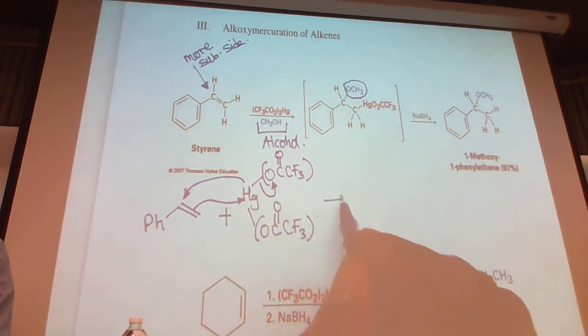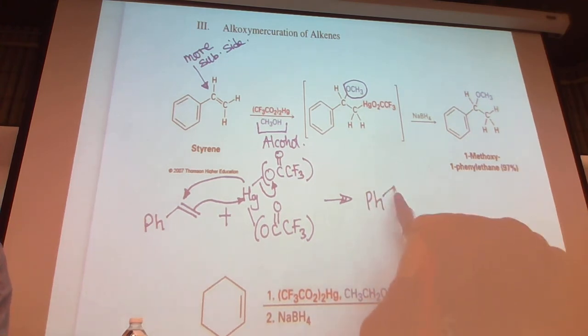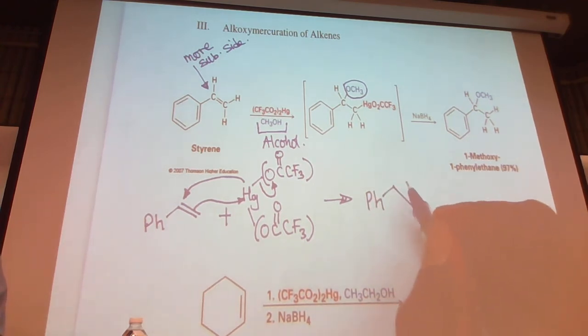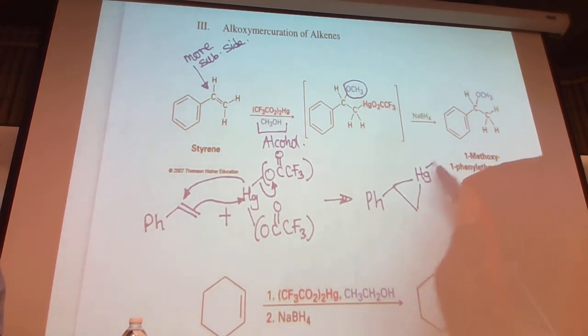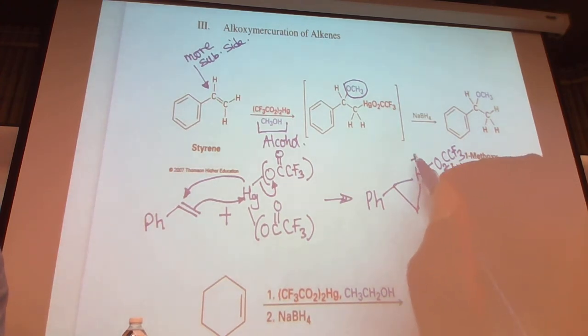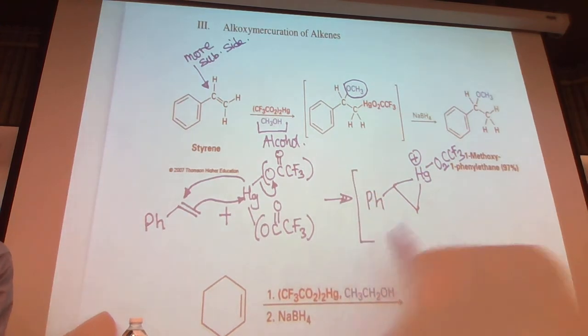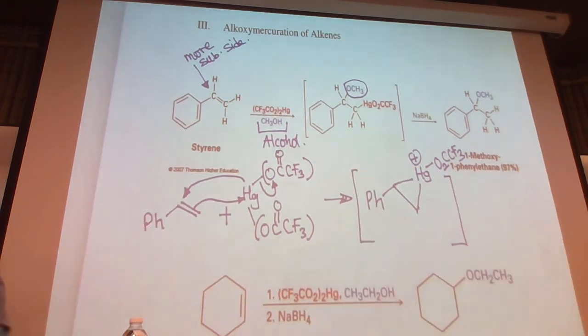So you're going to have a mercuridium bridge. So the mercury is here, and then you'll be left with one of the O2CF3 because you've kicked one out, and this is going to have a positive charge on. So that's your intermediate. Okay?